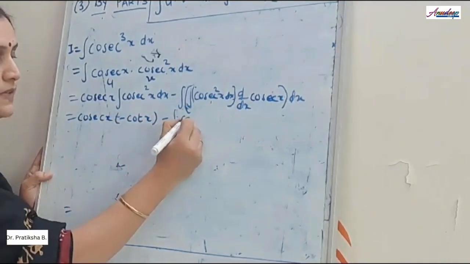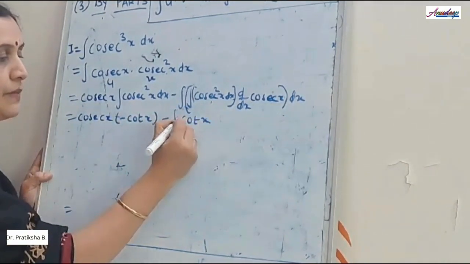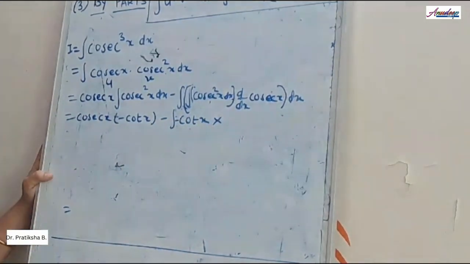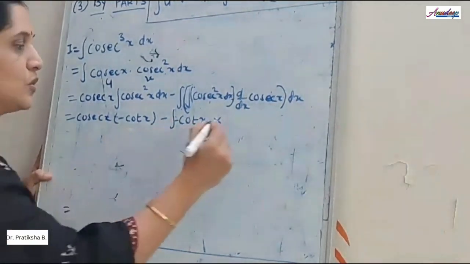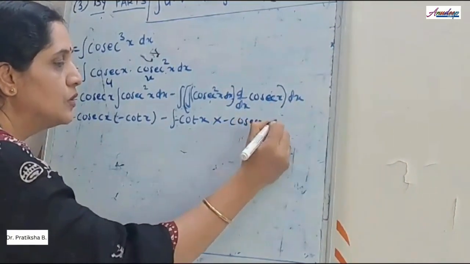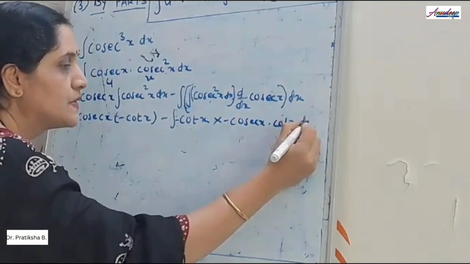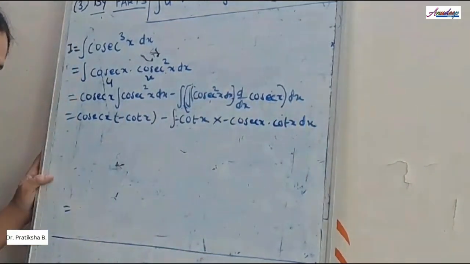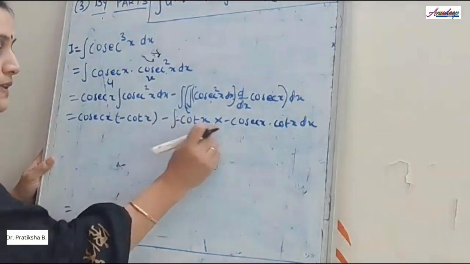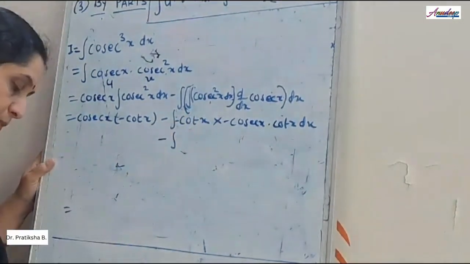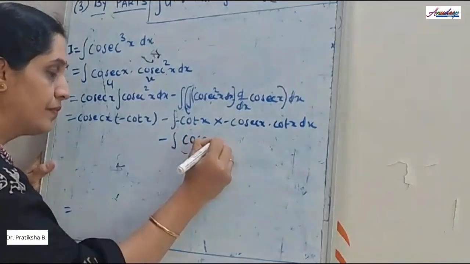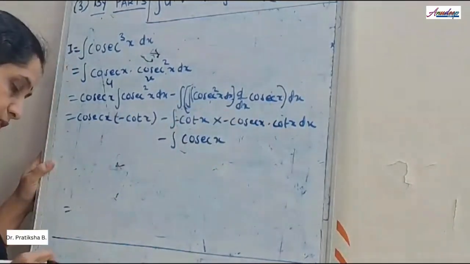Multiplied by the derivative of cosec x, which is minus cosec x into cot x, and dx. Inside the integral I am getting minus minus, which will become plus, and the term is cosec x into cot square x.